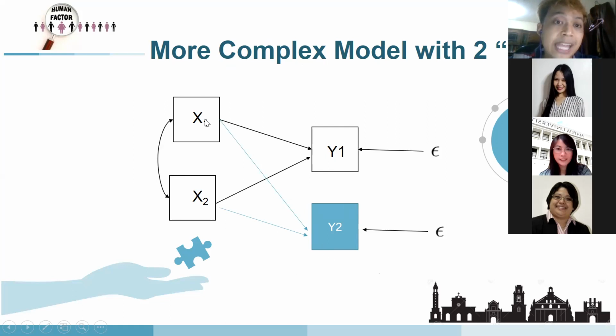Which one is bigger? We can see that simultaneously using one model like this. Does x2 have a bigger effect on y1 or y2, or is y1 more affected by x1 or x2? We can do it simultaneously using path analysis. This is what we call path analysis, or just SEM itself.